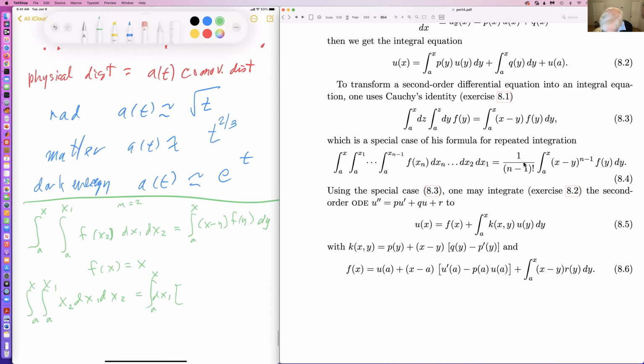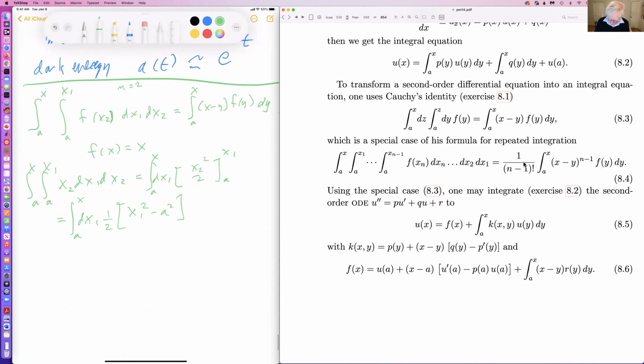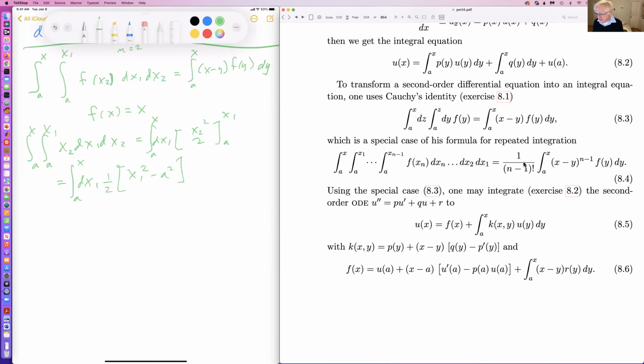And now what we have is x2 squared over 2 evaluated between a and x1. And so this is equal to the integral from a to x dx1, 1/2 x1 squared minus a squared. By the way, if I'm making a mistake, shout or write in the chat board there. Now we're going to integrate one more time.